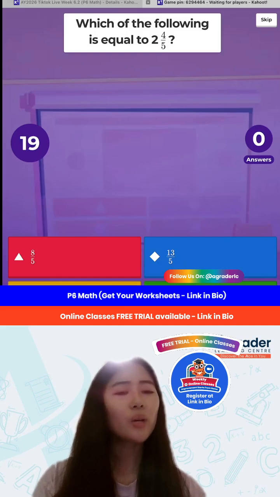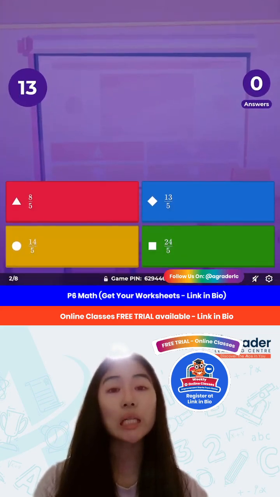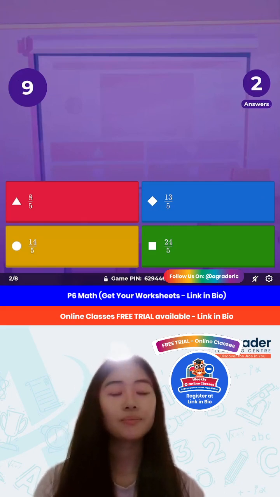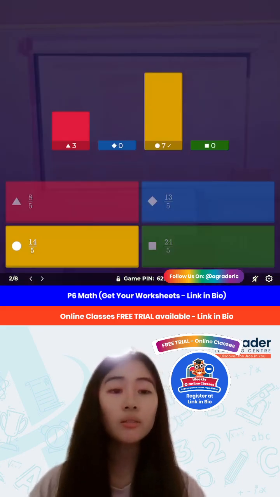Lim family, you can't see the options. The options, you should be able to see it on your own screen. You can't see it on your own screen.